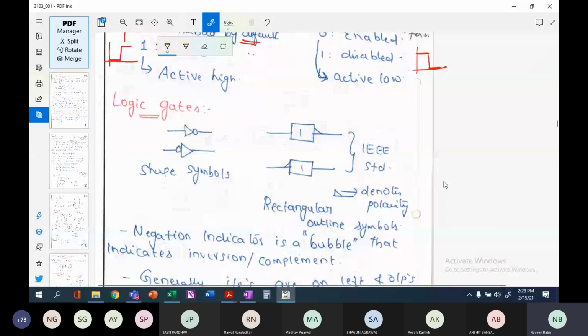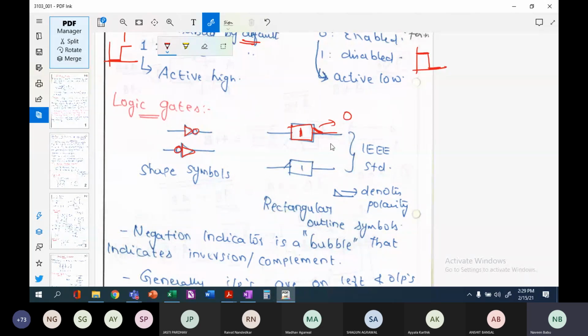Now, if you consider gates, what is the circuit symbol? For a NOT gate, you know that we represent a triangle like this and then a bubble. Either you can use it this way or even this way. But the IEEE standard also says that you can use a square box with 1 written inside it, and then if it is a NOT gate, you create a cross line like this. So this is a NOT gate. This represents the bubble.